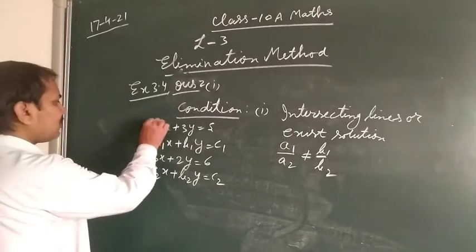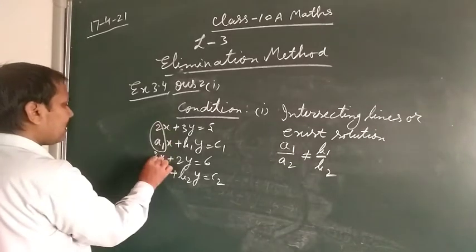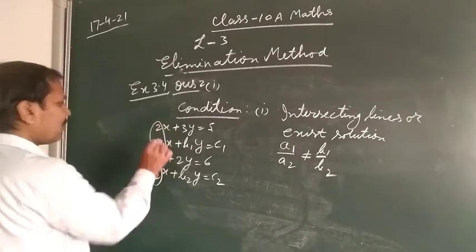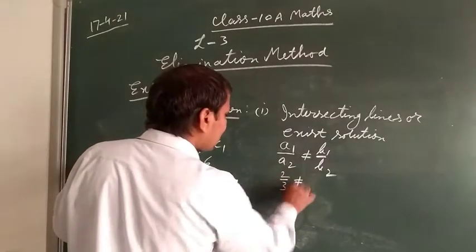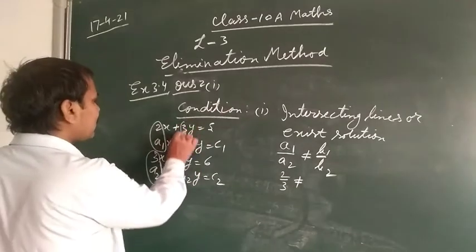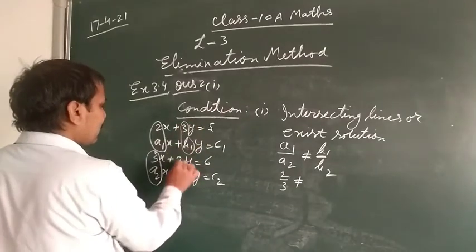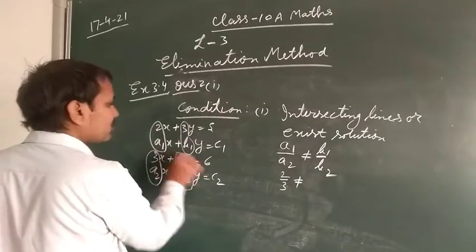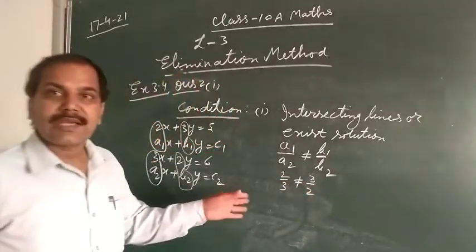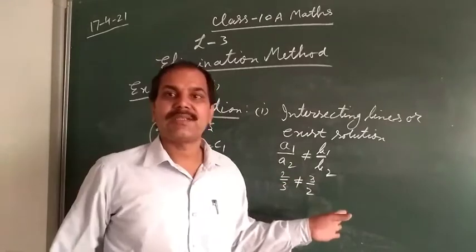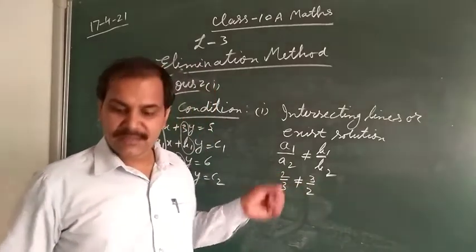So a1 is 2 and a2 is 3. So a1 upon a2 means 2 upon 3 is not equal to b1 upon b2, that is 3 upon 2. So 2 by 3 is not equal to 3 by 2. So in that case the solution will exist, and then you find it.